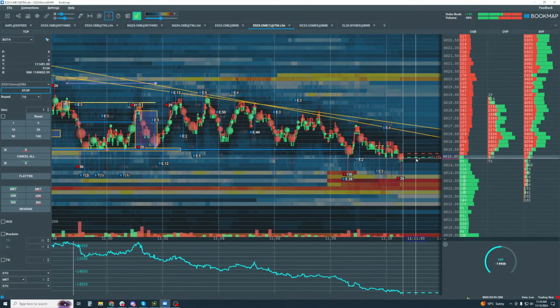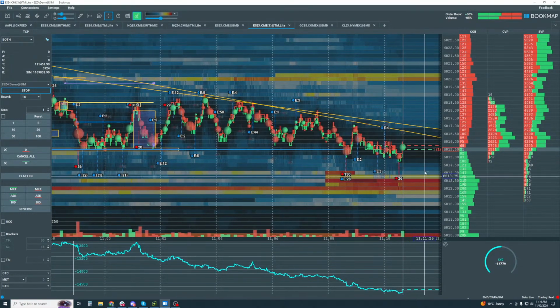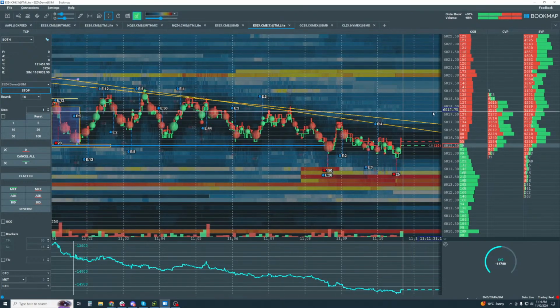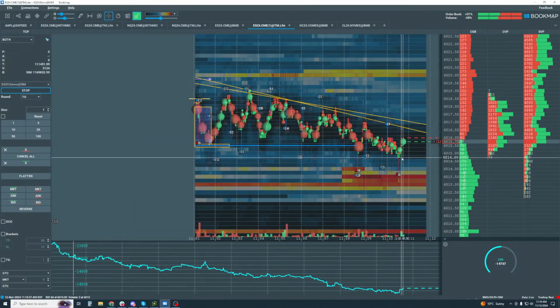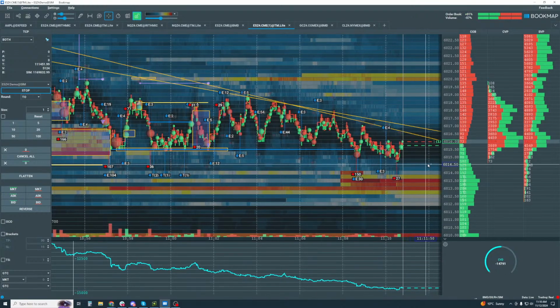All right, sellers, we should see it. I would look for this move into this 12-13 level here. Okay, we're not getting it. Starting to find some buyers instead, back in the range.